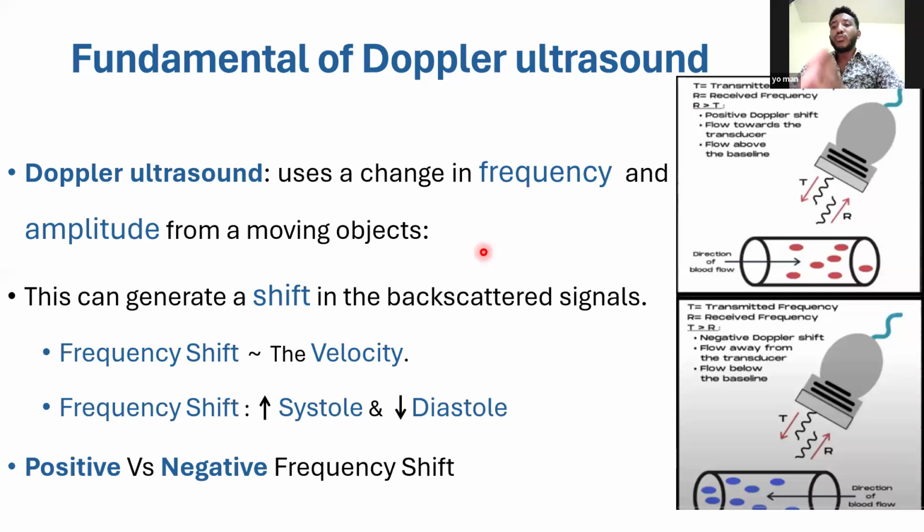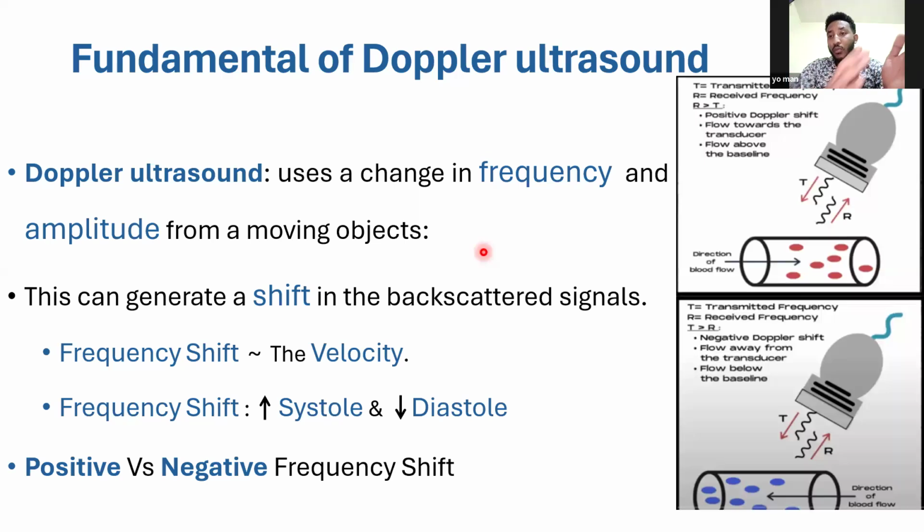Before we dive into talking about hemodynamics and specific pathology, first of all, I want to highlight the fundamentals of Doppler ultrasound. Doppler ultrasound uses a change in frequency and amplitude in moving objects. Unlike grayscale ultrasound, Doppler ultrasound uses the change in frequency of the moving object.